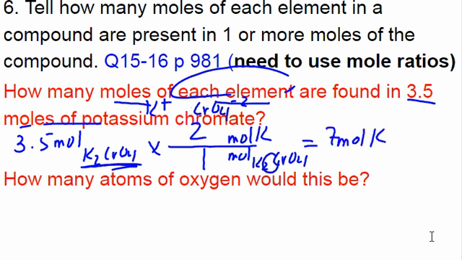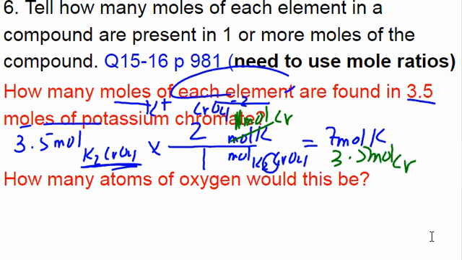And then to find this for chromium, I'm going to do the same thing, but now I'm going to put in moles of chromium, and there's just 1. So when I take 1 times 3.5, it's just 3.5 moles of chromium.